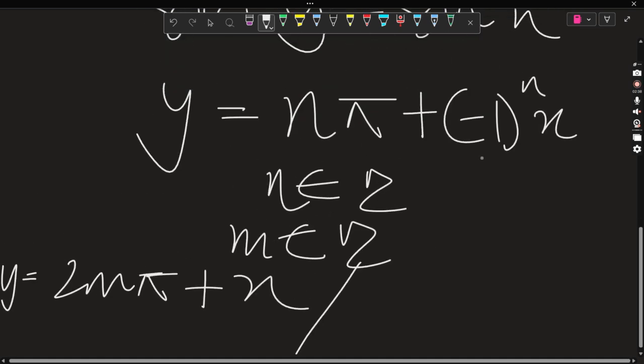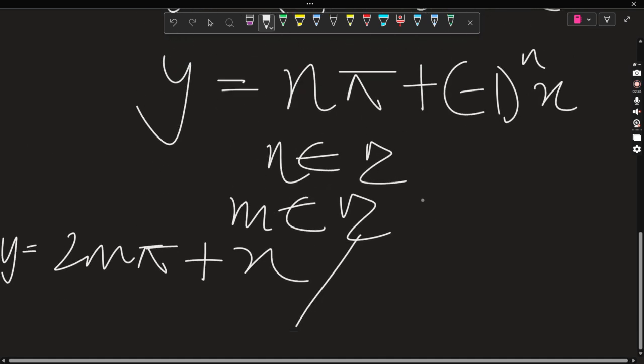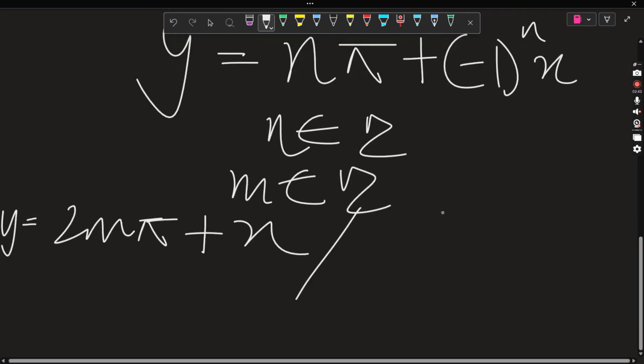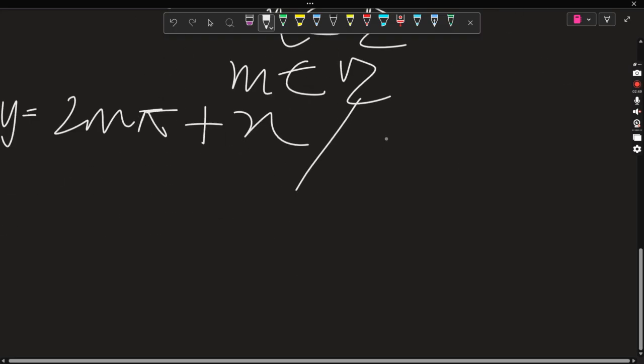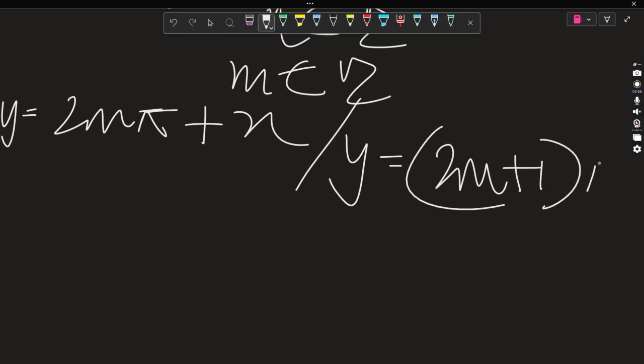and in case n is odd, that is 2m plus 1 pi, it will return the value n pi minus x. So we can write it as odd pi minus x, so 2m plus 1 pi minus x, right?